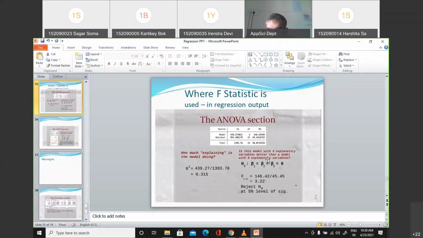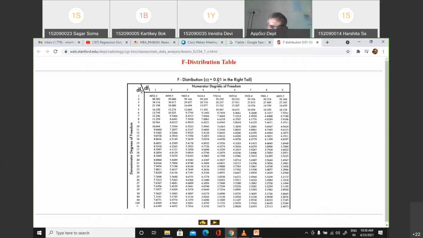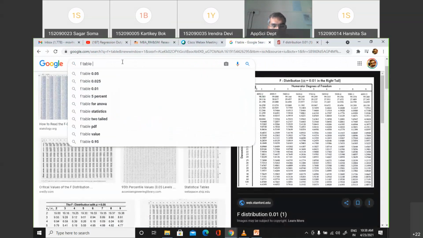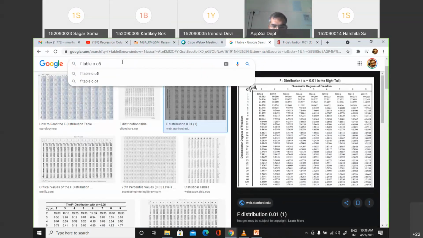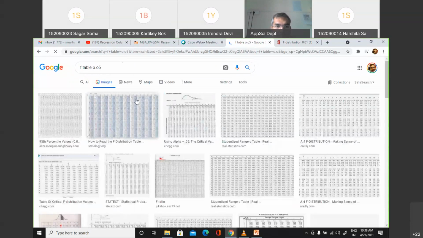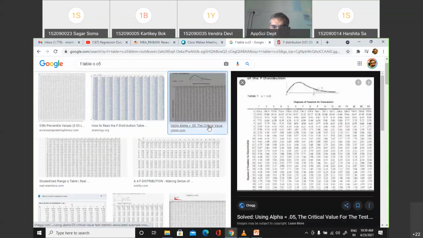Okay, this is taken as 0.05, and this table is 0.01. So the F table is this.